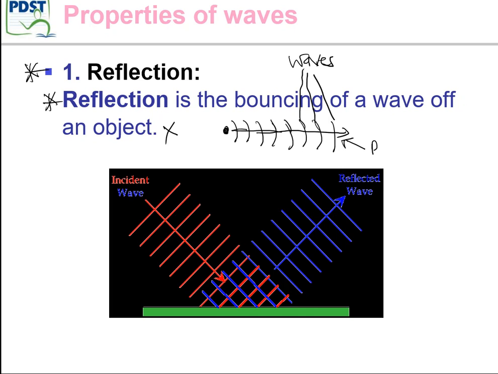So this line here is a ray, but these lines are waves. Each wave, as it is moving, has a ray, because the ray gives the direction of a wave. So when drawing ray diagrams, we ignore the wave lines. We just draw the rays themselves. So you see what it means.